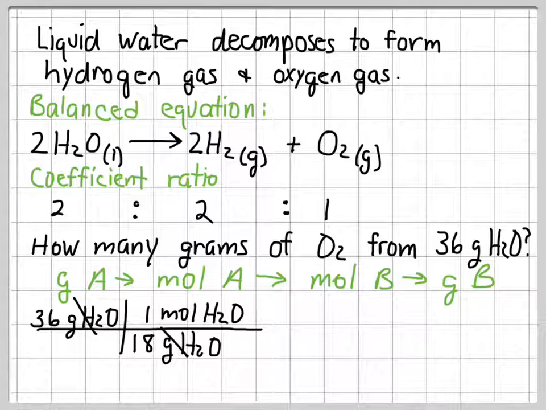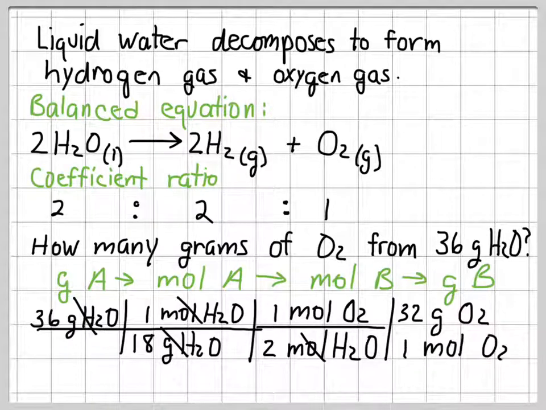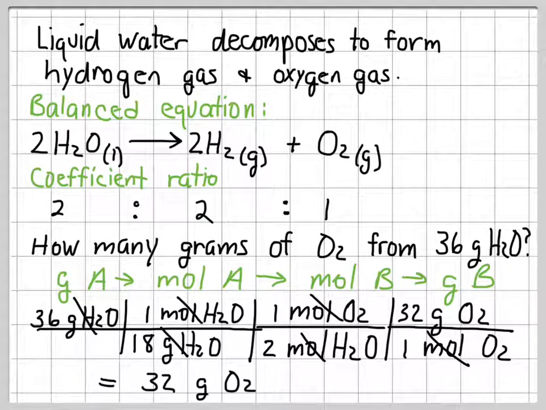So first we go from grams of water to moles of water, canceling out using the molar mass. From moles of water to moles of oxygen, using the coefficient ratio, 2 waters to 1 oxygen. From moles of oxygen to grams of oxygen, using the molar mass of the oxygen molecule. Do the math and you get 32 grams of oxygen.